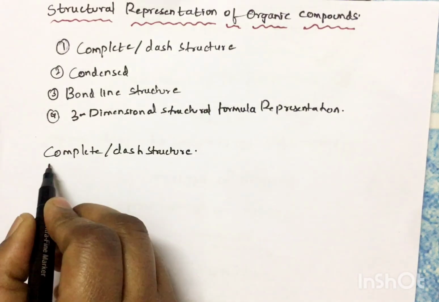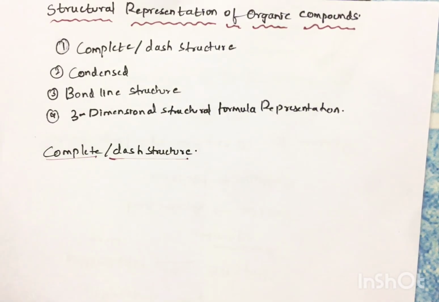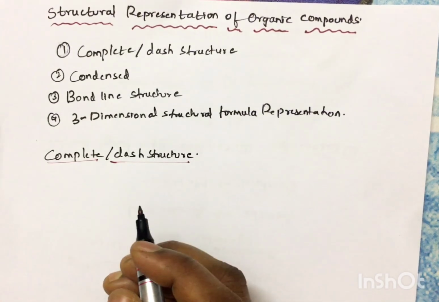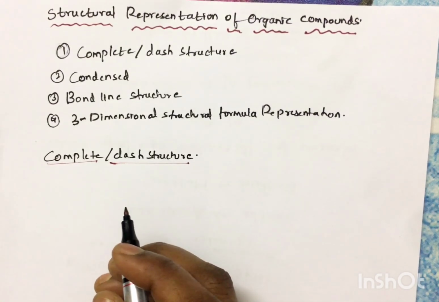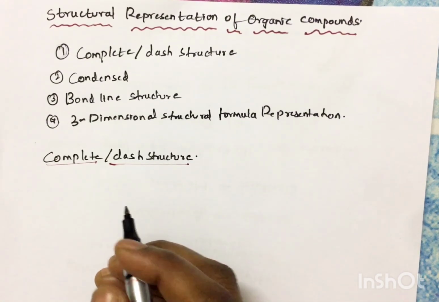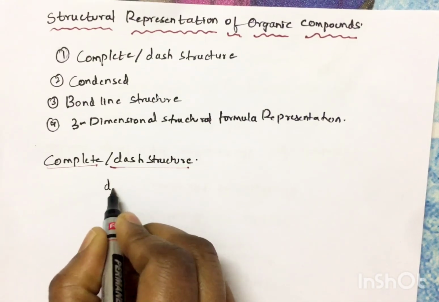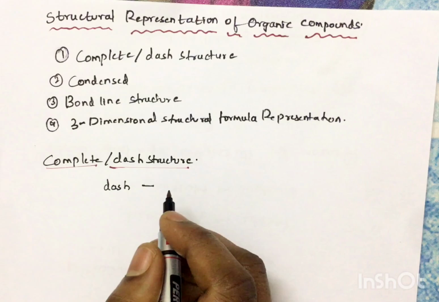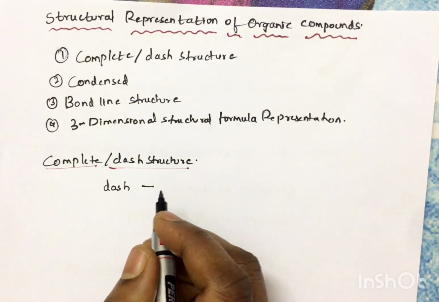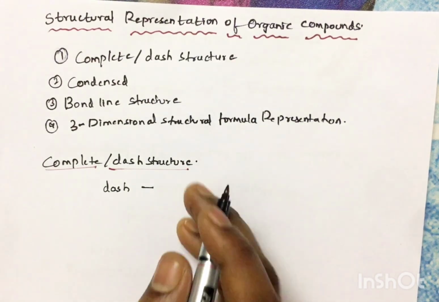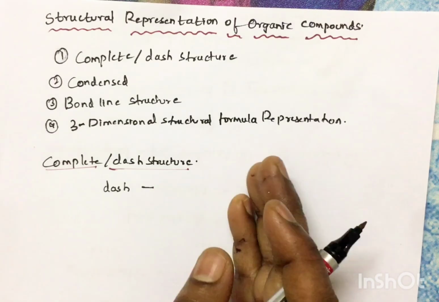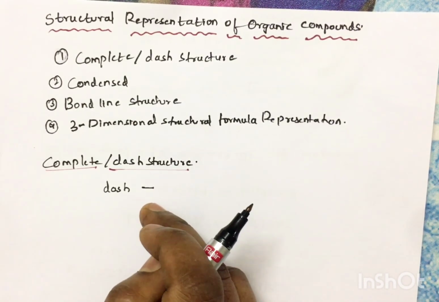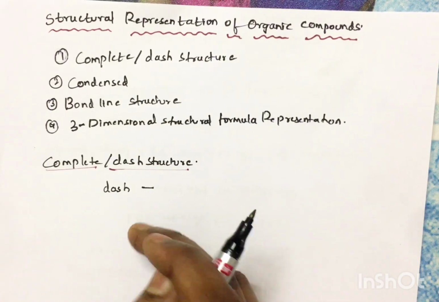So in this method, the electrons which are present in covalent bonds are represented by a dash line. Okay. So the bonds between the atoms, that may be carbon atoms or carbon and other atoms, the covalent bond formed between them by a pair of electrons is represented by a dash line.